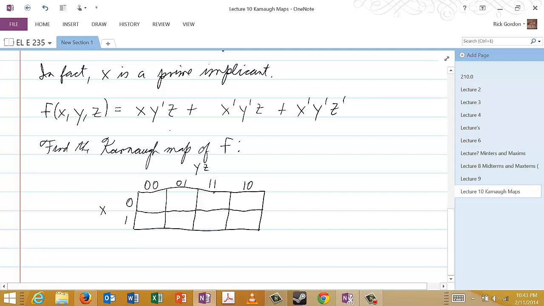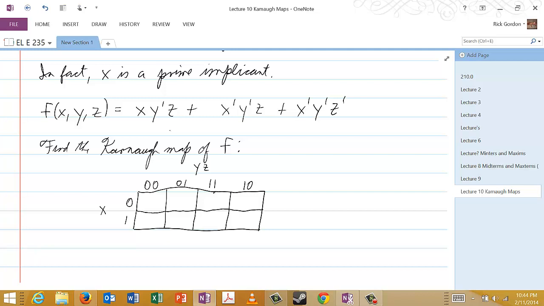That is always true in any of our Karnaugh maps, not just 3-variable Karnaugh maps, but even in 2-variable or 4-variable Karnaugh maps. We're going to look at Karnaugh maps in all of those cases, and in each case, the top and bottom edges should be thought of as being connected, and so should be the right edge and the left edge.